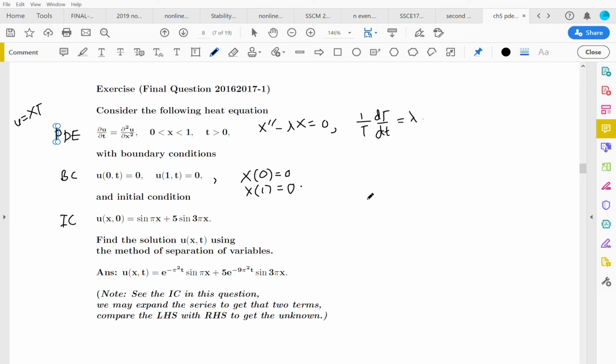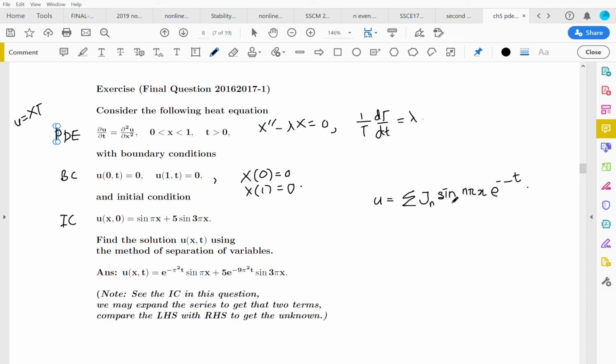So for the general solution, you sum all the solutions and you will have this form: Jn, a sine function of n pi x over L, I think, multiplied by an exponential of negative something times t. Please check the form. So you will have this form of general solution.